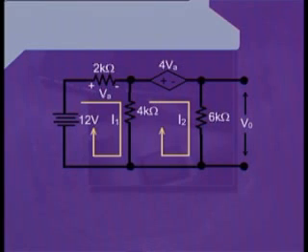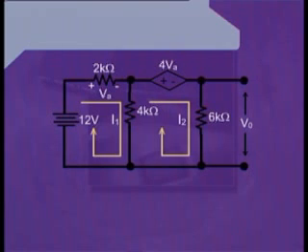We have assigned the current I1 to mesh number 1, which is on the left-hand side of the slide, and we have assumed that the direction of flow of current I1 is clockwise. Similarly, for mesh number 2 we have assigned the current flowing through this mesh as I2, also clockwise.